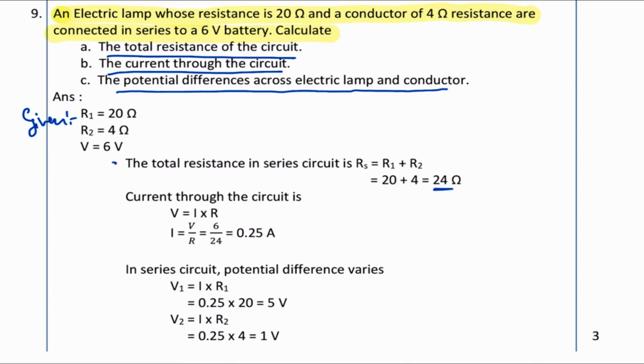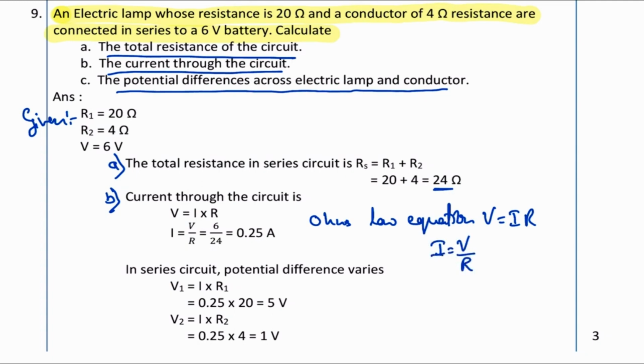Current through the circuit, this is for A, and this is B. Current through the circuit: V is equal to IR, Ohm's law equation, as you all know, and we can also write it as I is equal to V by R, and this formula is used here.